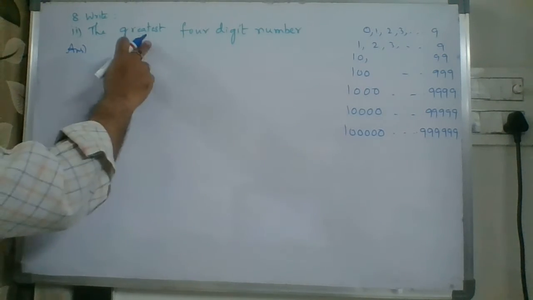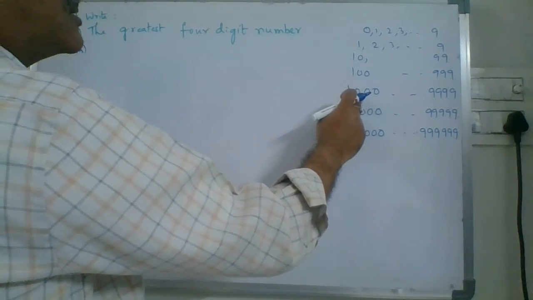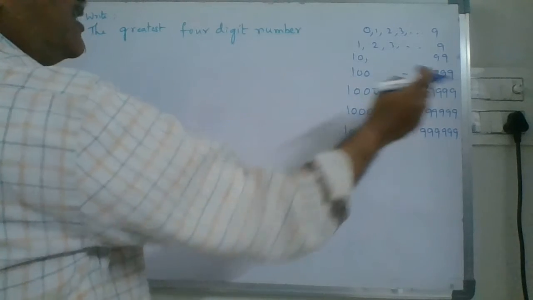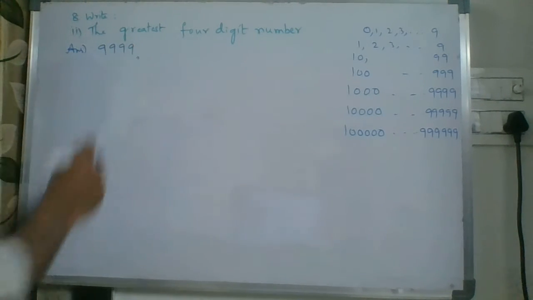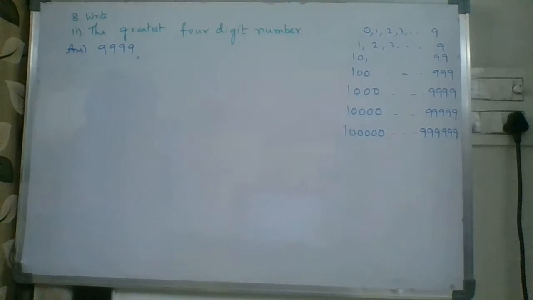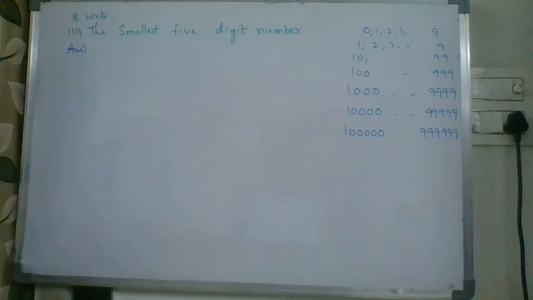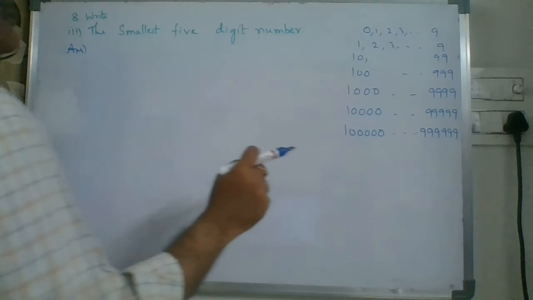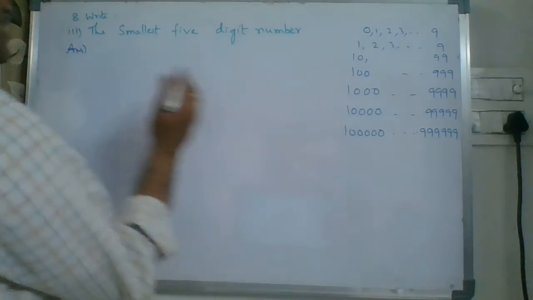Now the next question is the greatest four-digit number. So the least is 1000, the greatest is 9999, isn't it? So that we write here. Okay. Now the third question is write the smallest five-digit number. Which is the smallest or the least five-digit number? This is 10,000, isn't it?